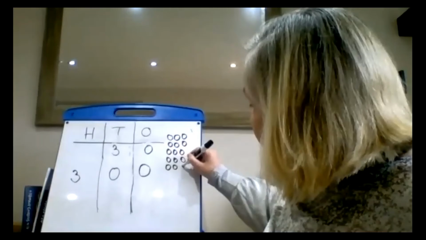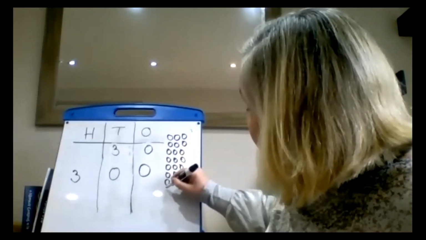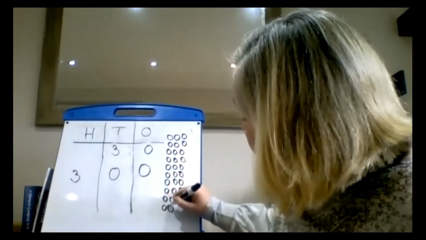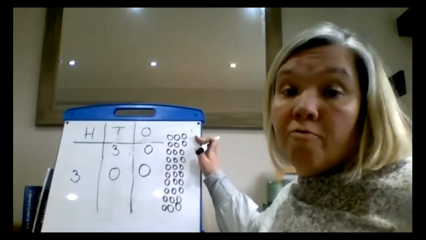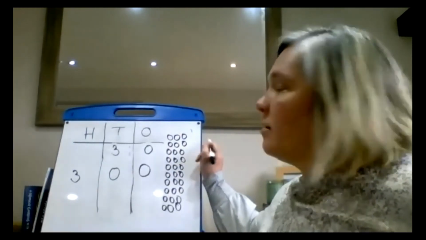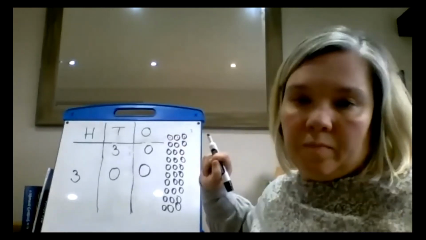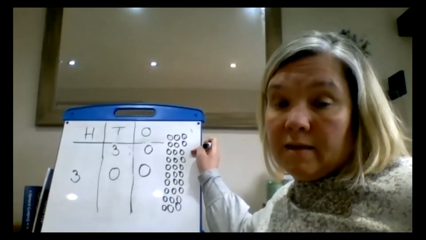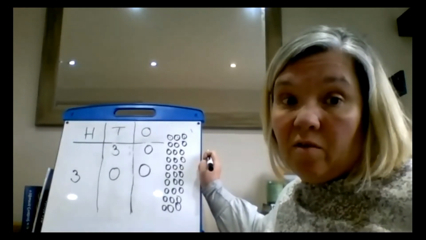4, 5, 6, 7, 8, 9, 10. Okay. For 3 times 10, they would all be worth 1. So they would be 3, 6, 9, 12, 15, and they would carry on.